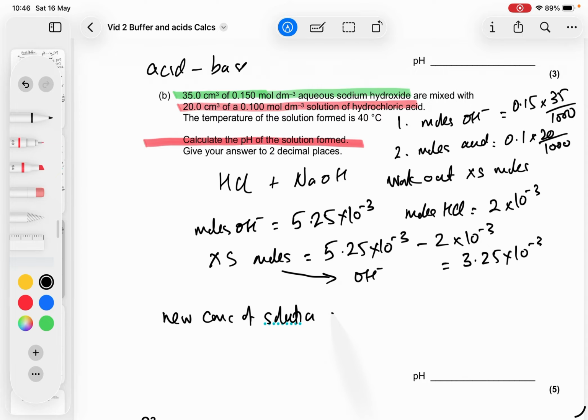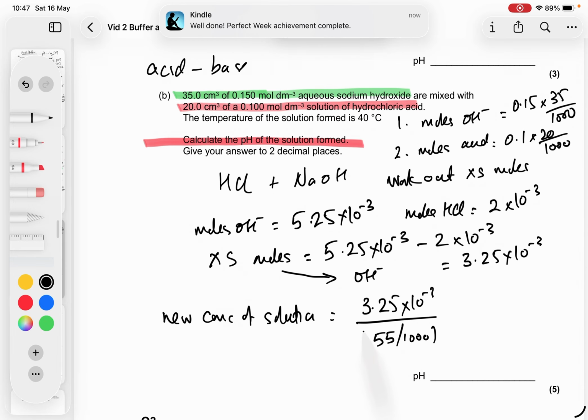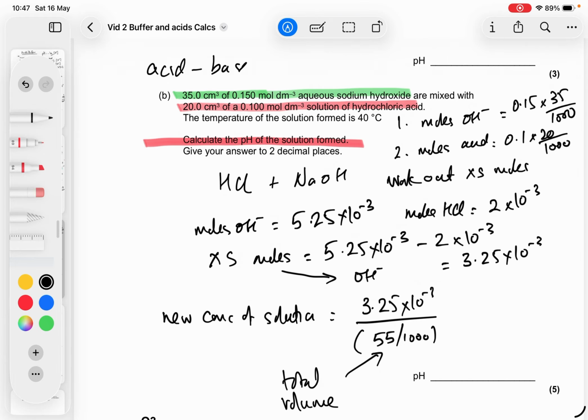So the new concentration of the solution is the moles divided by the total volume, which is 55. You are working out the pH of the new solution. 2 times 10 to the minus 3 moles of HCl has reacted with 2 times 10 to the minus 3 moles of hydroxide, which means 3.25 times 10 to the minus 3 moles of hydroxide remain.